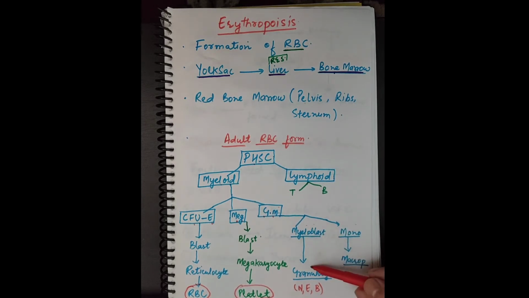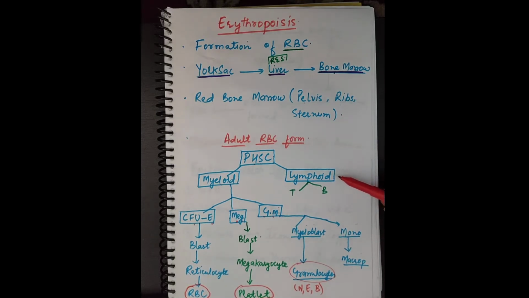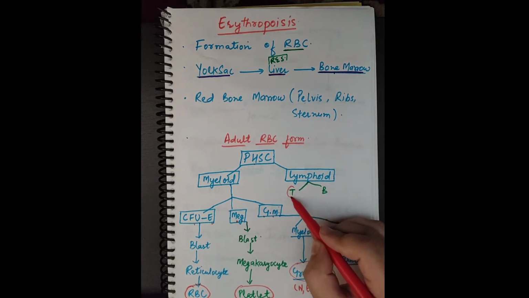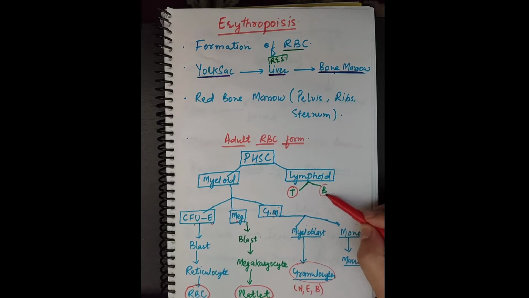Myeloblasts will divide and form our granulocytes, the WBCs which are called granulocytes, like neutrophils, eosinophils and basophils. And monoblasts will result in the formation of monocytes and macrophages. हमारे monocytes और macrophages वो monoblast cells से बनेंगे. And the lymphoblasts or the lymphoid stem cells are going to give rise to T lymphocytes and B lymphocytes.